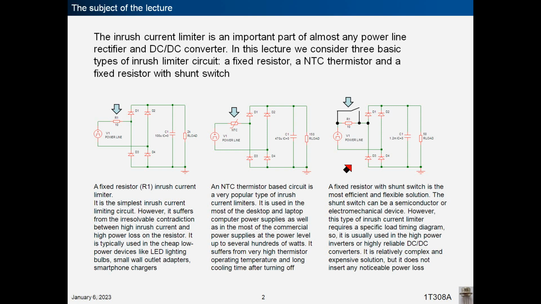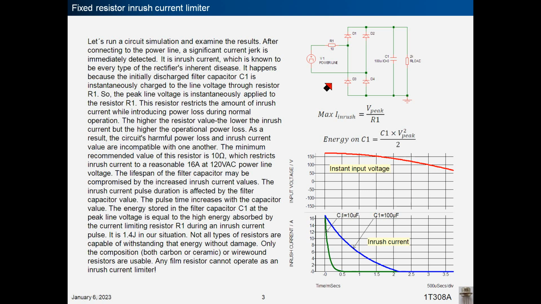However, this type of inrush current limiter requires a specific load timing diagram, so it is usually used in high-power inverters or highly reliable DC-DC converters. It is a relatively complex and expensive solution, but it does not insert any noticeable power loss.